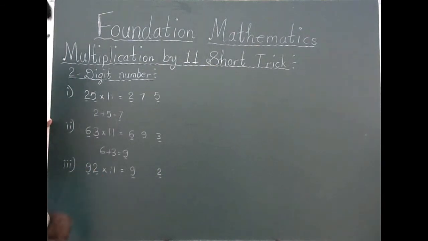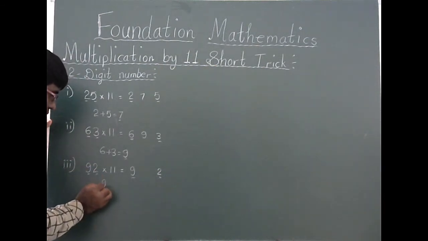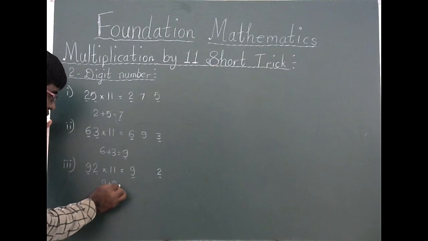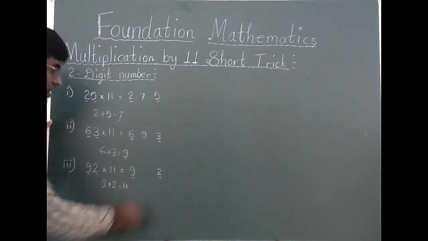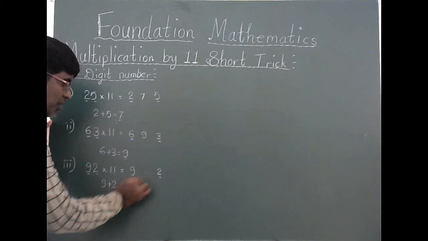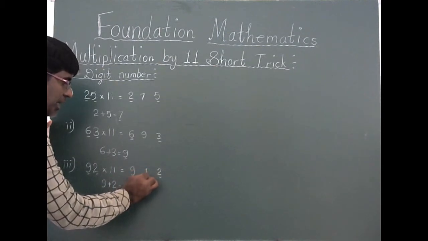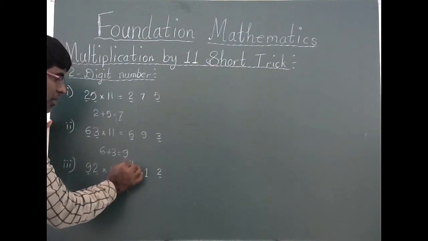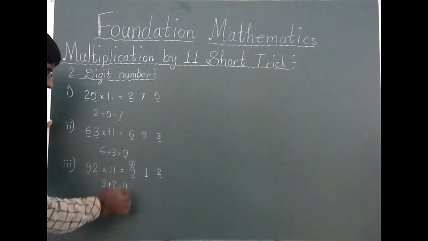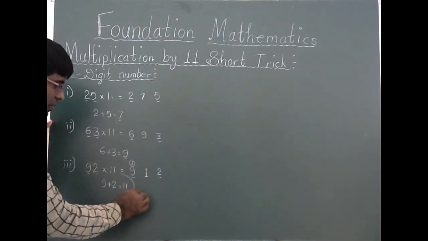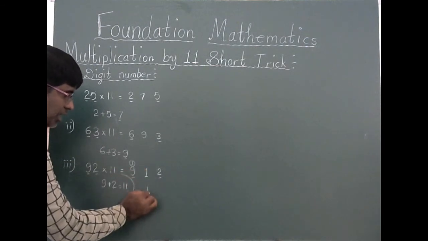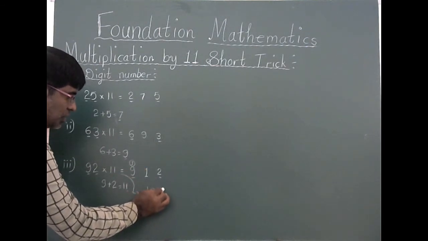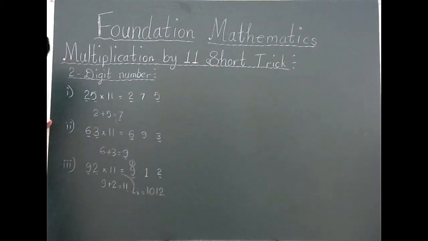But the sum of these two digits, 9 plus 2 equals 11. I write only the first 1 in the middle, but 1 carries to 9. So now 9 plus 1 is 10. So 1 0 1 2 is the correct answer.